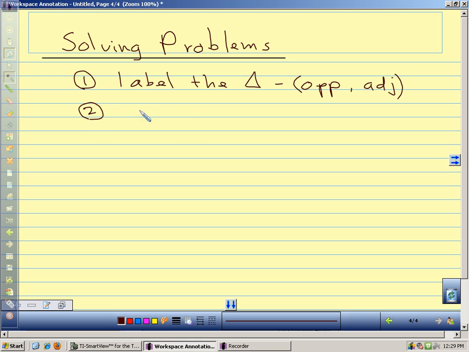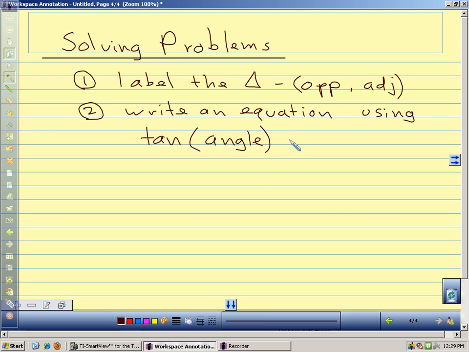Second step, we want to write an equation. And our equation is always, for tangent ratios, going to say that the tangent of the angle that we're interested in equals the opposite divided by the adjacent.